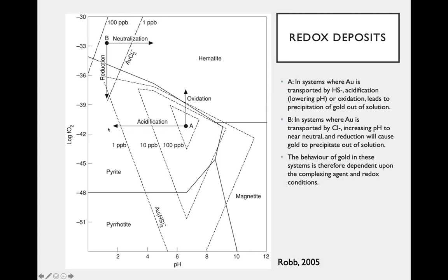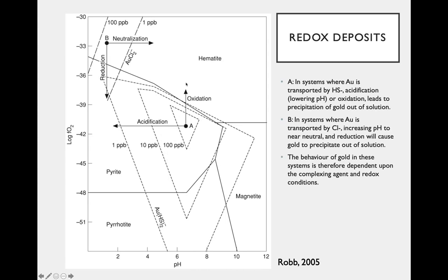So if we decrease the pH, we can actually precipitate gold. You can see these concentrations of its solubility here. So much more soluble with these conditions and much less soluble at lower pH.